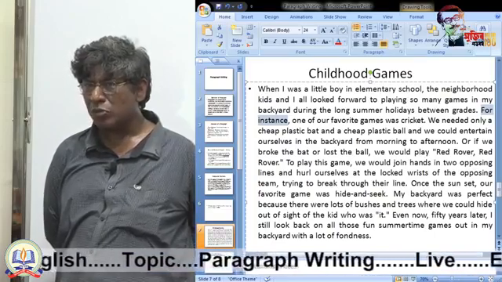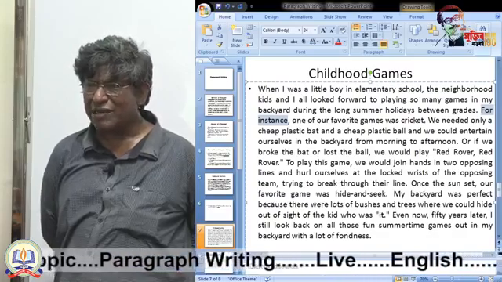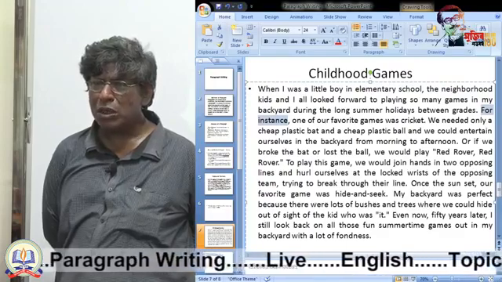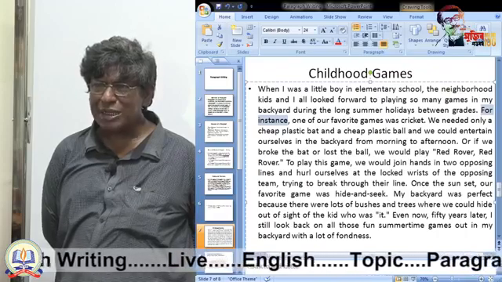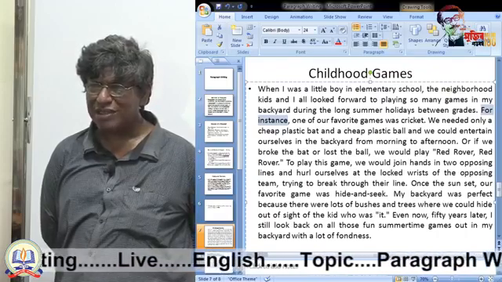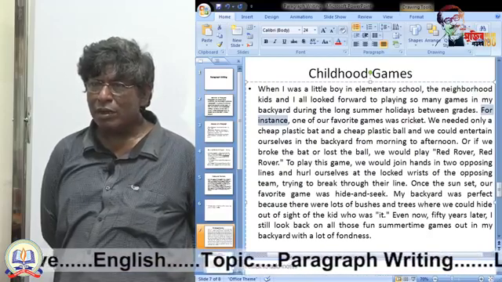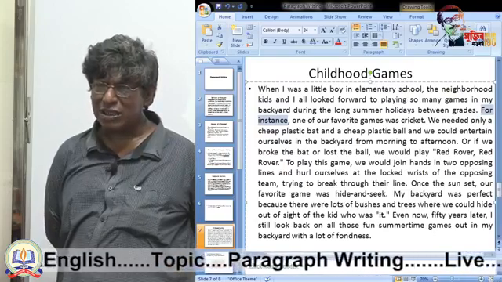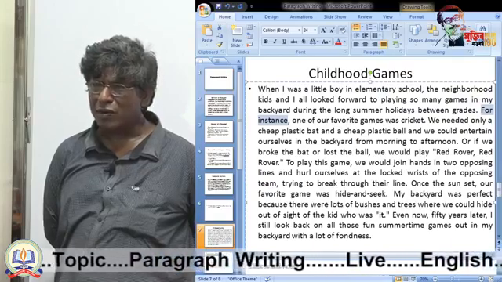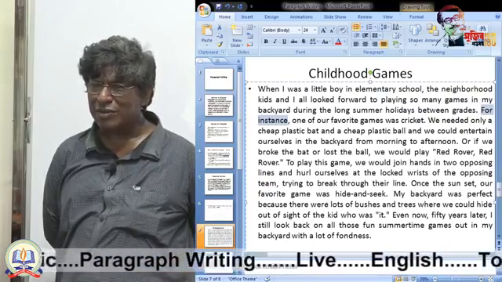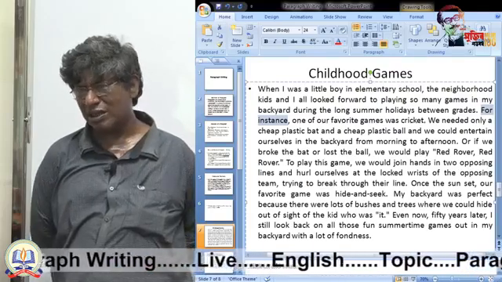Then he goes on to explain what was needed to play cricket, and he does not use a number of sentences or many words to develop this idea of cricket. He only gives the elements that are needed, a plastic bat and a cheap plastic ball for playing cricket, and he also gives an idea about the place where they played cricket.